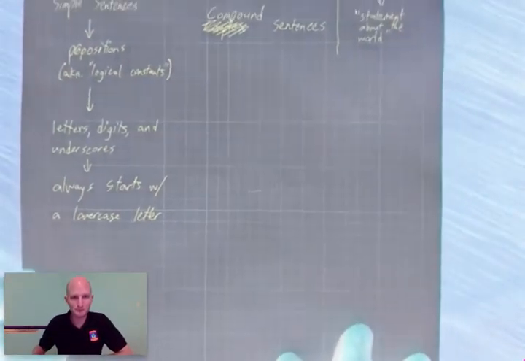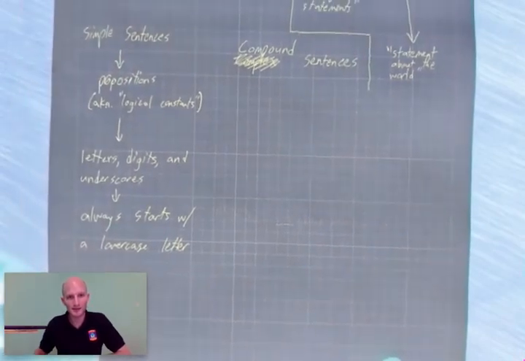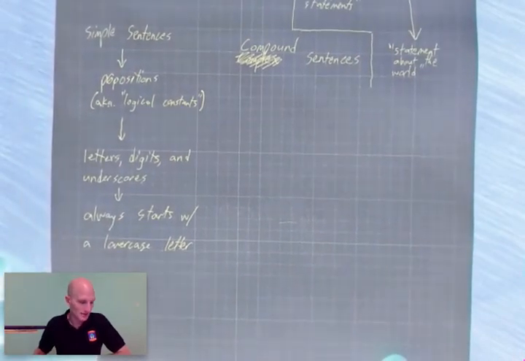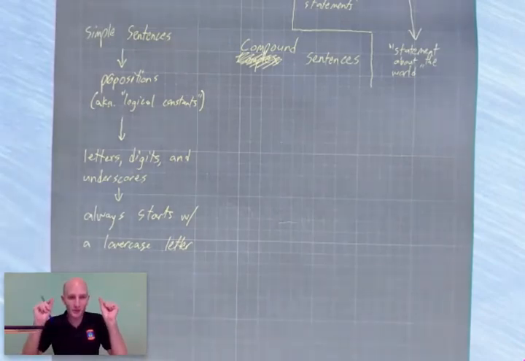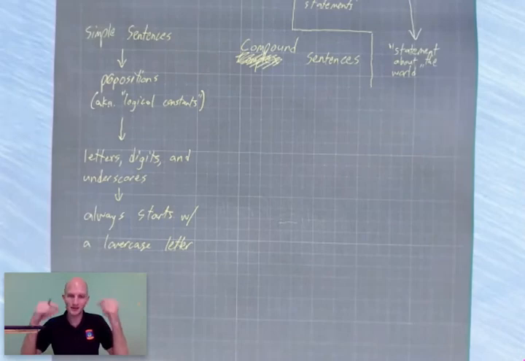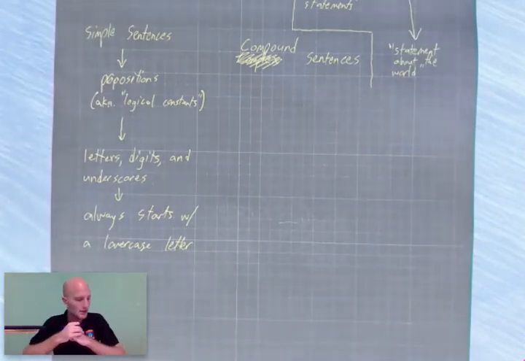Now, let's look at what a compound sentence is. Basically, a compound sentence is a logical relationship between two or more simple sentences, or logical constants. There are 5 types of compound sentences that I'm going to explain.